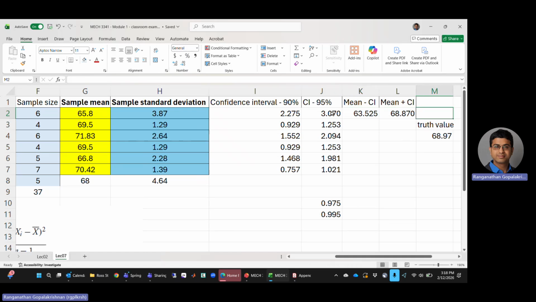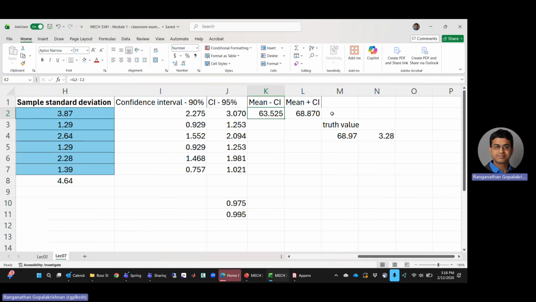The skill that I'm trying to go for here is for you to understand the significance of 63.525 to 68.870. Based on the discussion so far, can you tell me what this range represents?